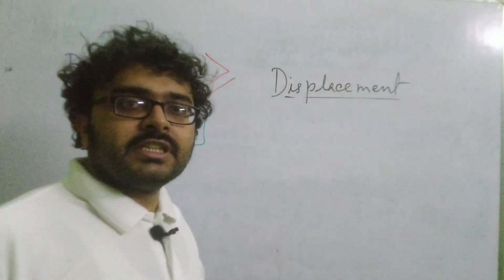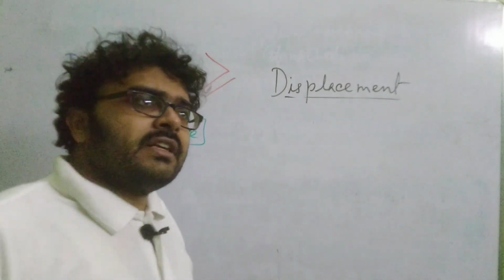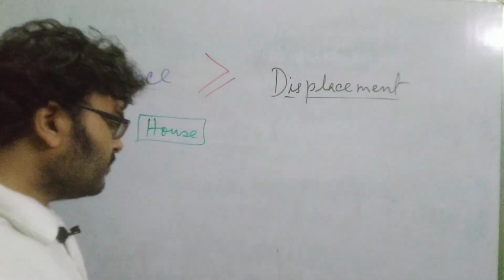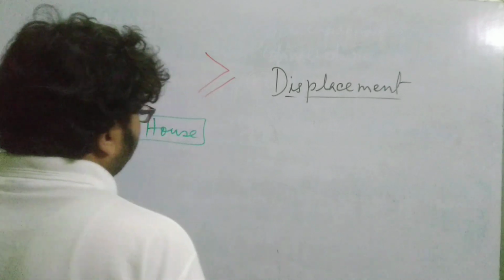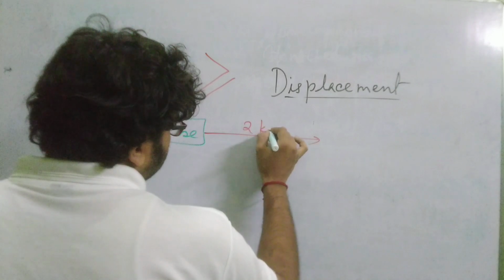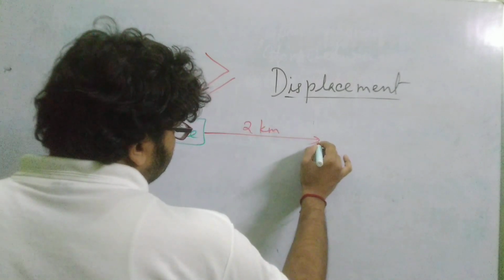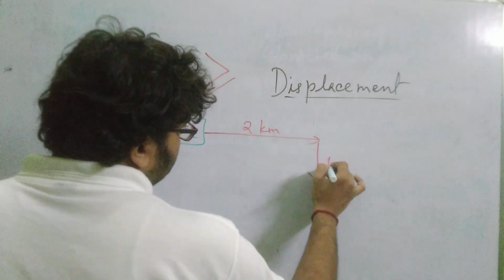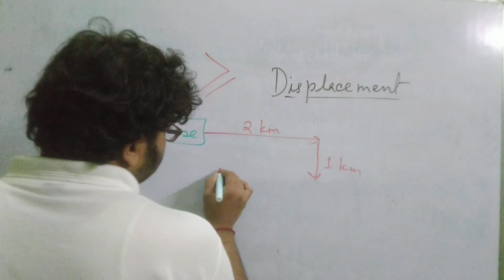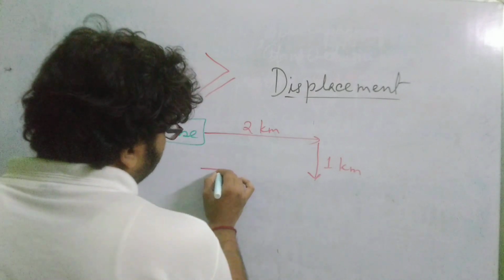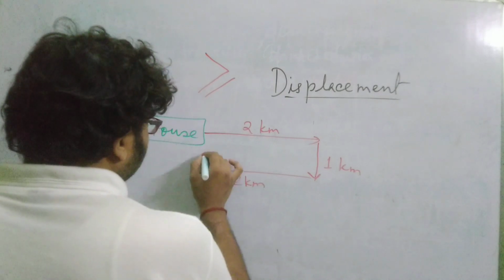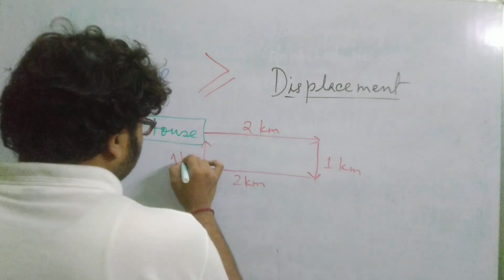You might be studying rigorously during the examination, but on a certain day you are feeling very bored and you need to go out. So what you do, you go out of your house, and say you move 2 kilometers to the east, then again 1 kilometer to the south, then say again you go around 2 kilometers to the west, and then you come back to your house 1 kilometer to the north, okay.